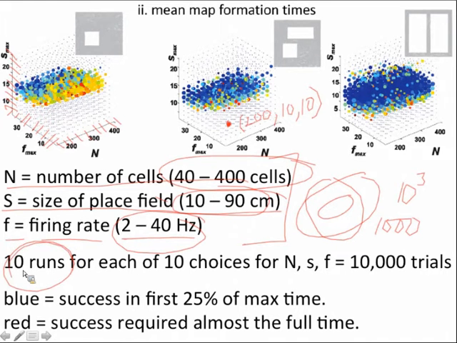They used the same trajectory for the mouse for each of the 10,000 trials. What they varied was N, S, and F, but for a fixed N, S, and F, they did 10 runs each. Questions on that?